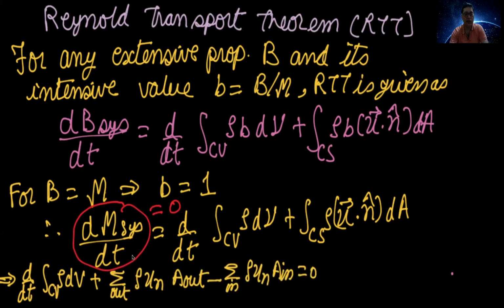So the rate of change of mass for a fixed mass system is equal to 0, and so the right hand side also becomes equal to 0. This surface integral of rho u dot n dA corresponds to the net mass flow rate leaving across the surface of the control volume.